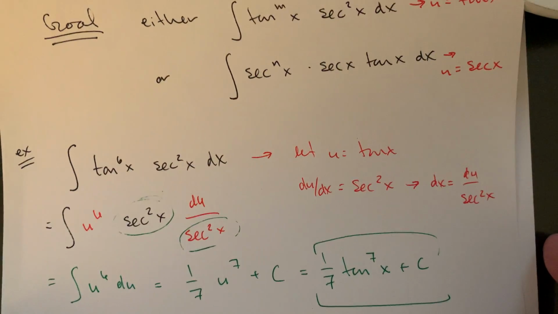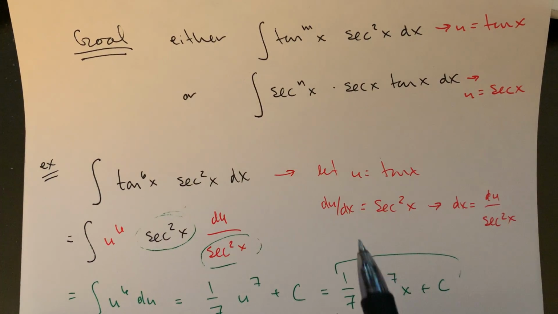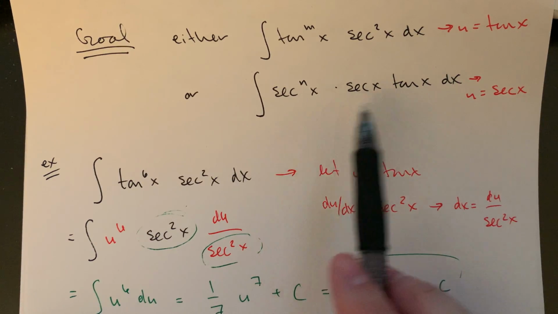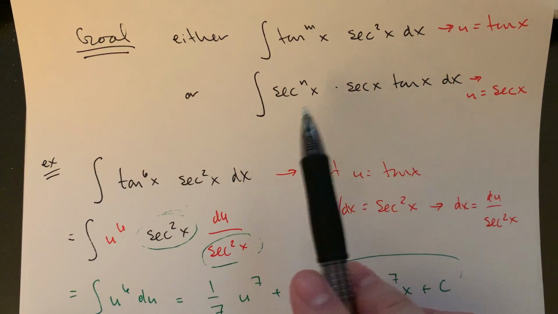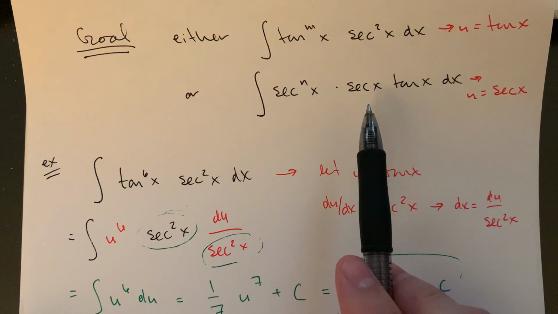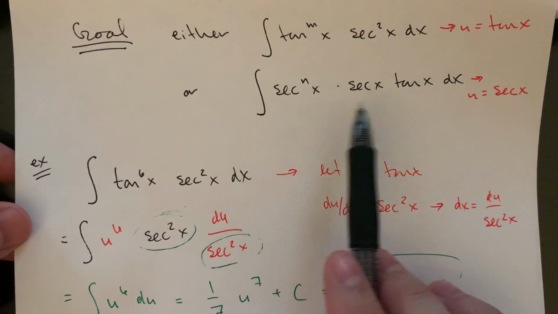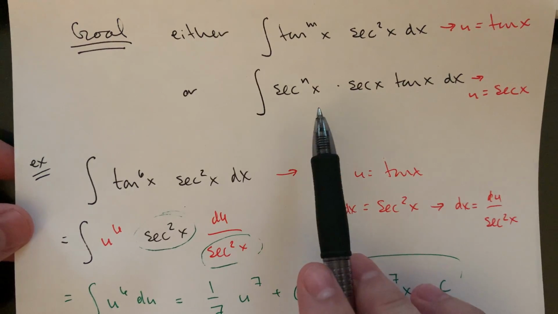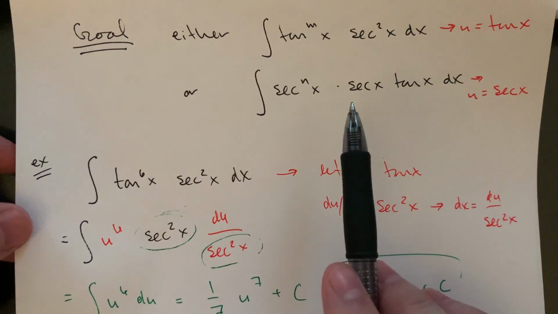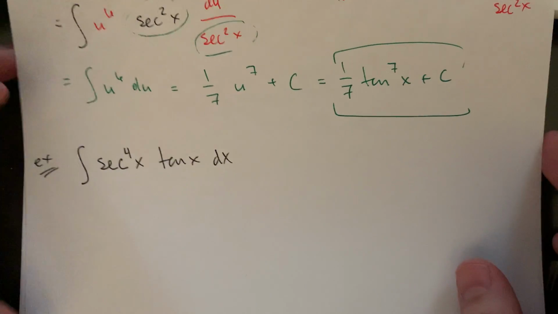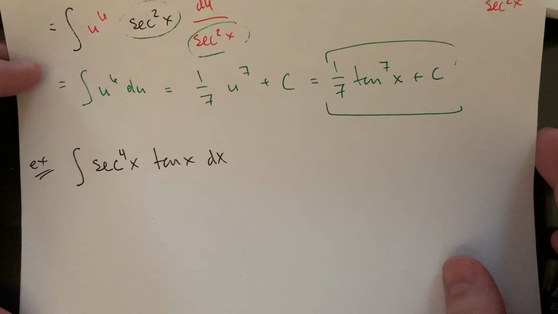You're going to be given these just in terms of secant and tangent. It's not going to start out written like this where you have one of the secants connected to the tangent and then the rest by themselves. You would never have something written as secant to the 5 times secant times tangent. It would just be written as secant to the 6. So in this case, we've got secant to the 4 times tan x.